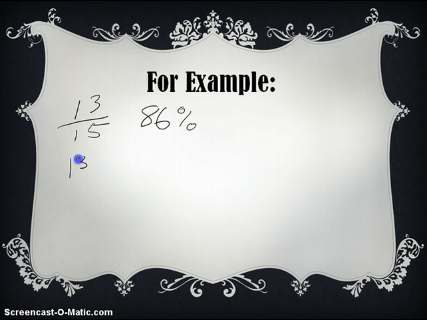So that is 13 minus 2 points for 2 days late, which will leave us with 11 points. So now, instead of having a 13 out of 15, you have an 11 out of 15.